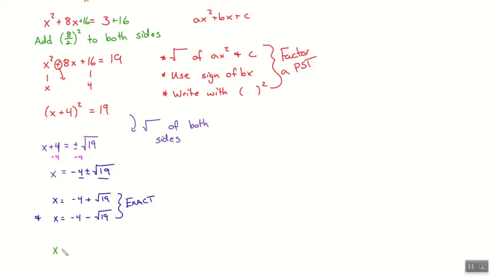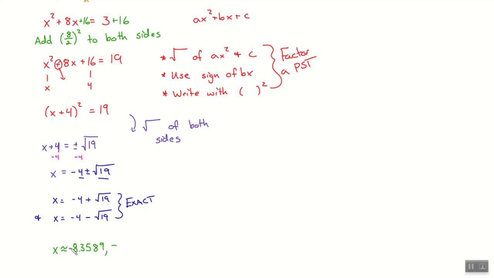What I would mean by that is somebody might give me this instead. -4 plus root 19 is -8.3589, and this goes forever. It never repeats. Or it'd be a negative. And I'm actually wrong already because that was a negative, so we'll just make that negative. That's easy enough.